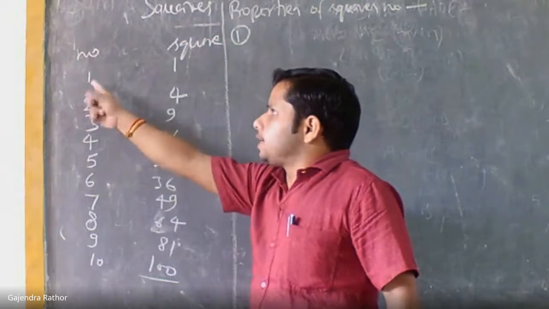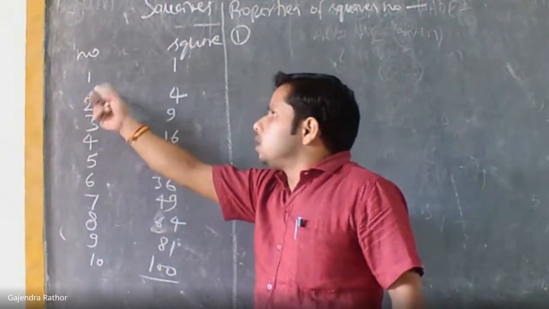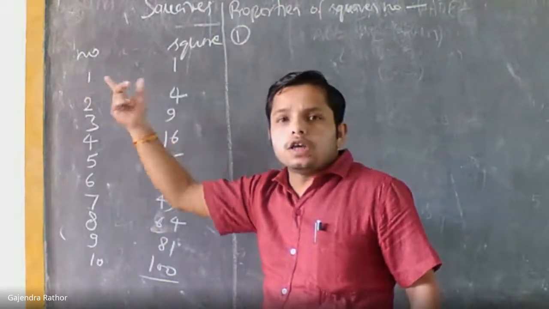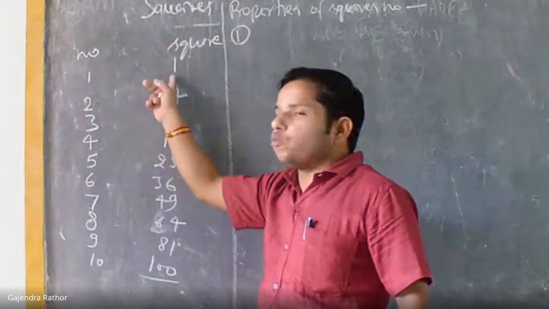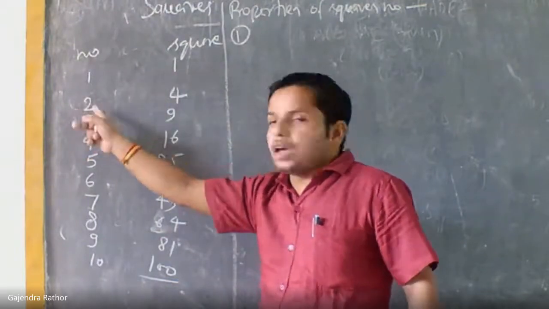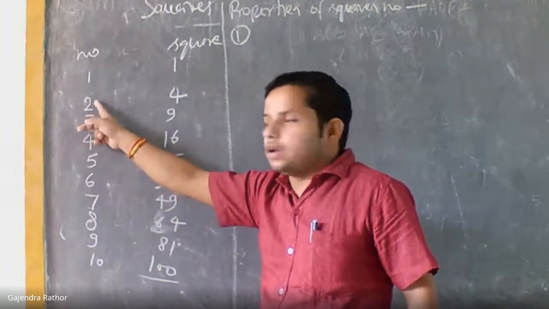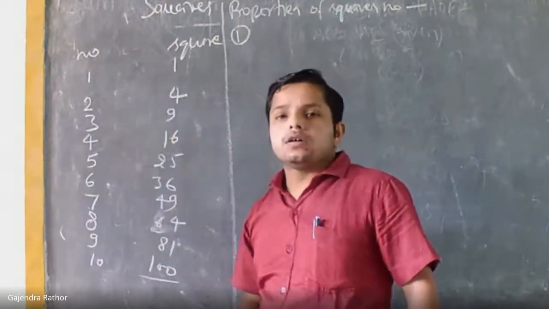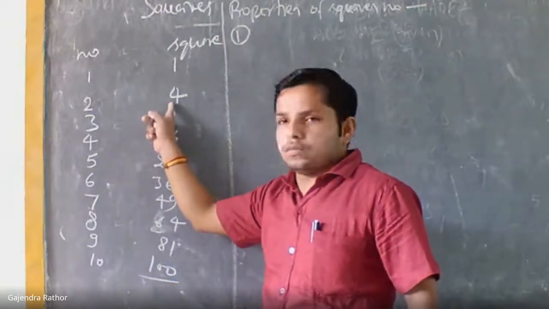If a number has unit place 1, then the unit place of its square will also be 1. Next, if a number's unit place is 2, then the unit place of the square of that number will be 4.